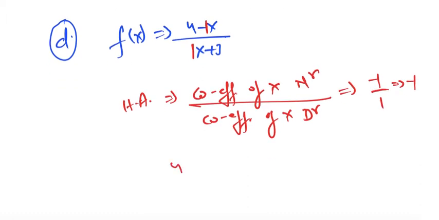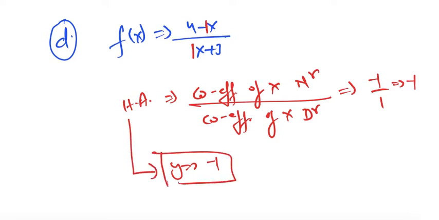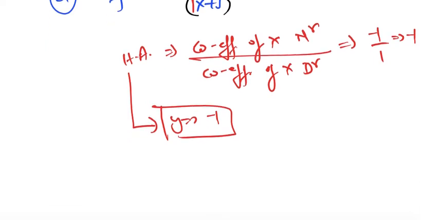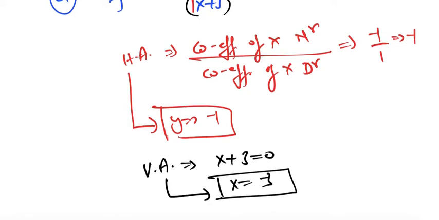So y = -1 is your horizontal asymptote. Now for the vertical asymptote, we look at the denominator. x + 3 = 0, x = -3. So this is your vertical asymptote.